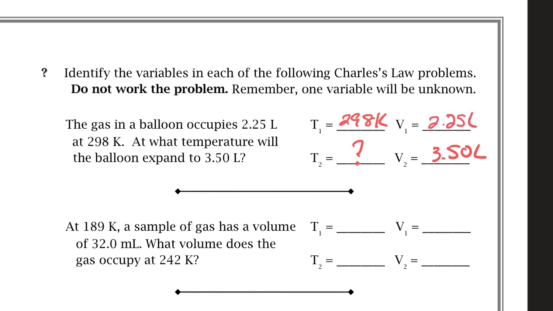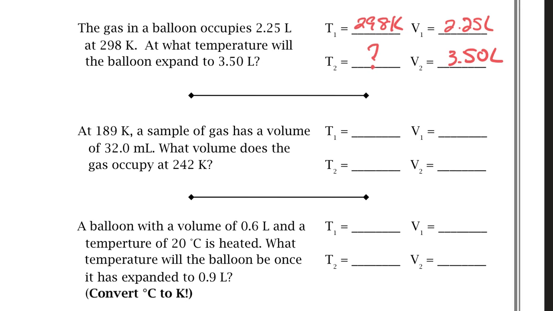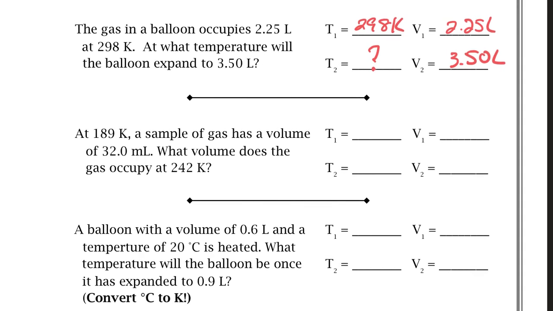All right, now, here's the thing. Notice that the next one is in Kelvin. The third one is in Celsius. When you write your answers on the blank, you need to convert the Celsius to Kelvin. So go ahead now and do those next two. And be sure to take the couple seconds to convert the Celsius to Kelvin.